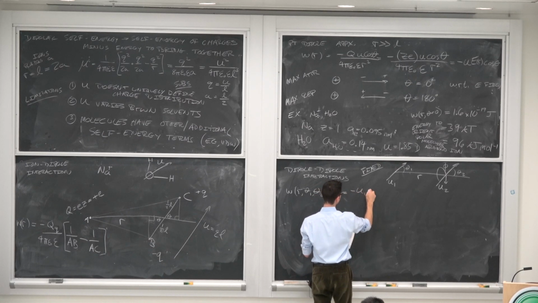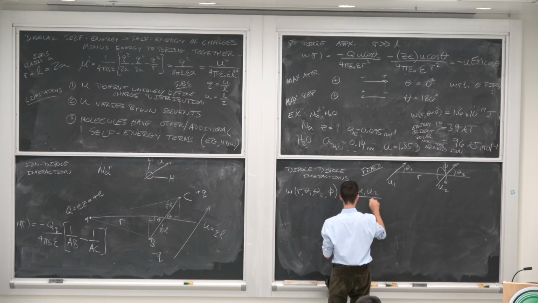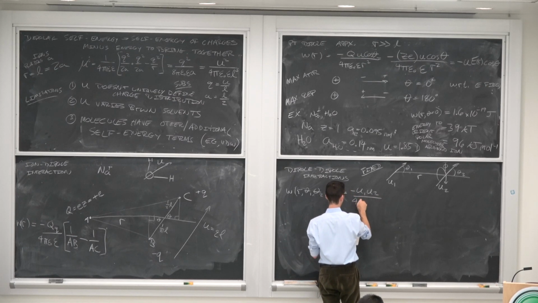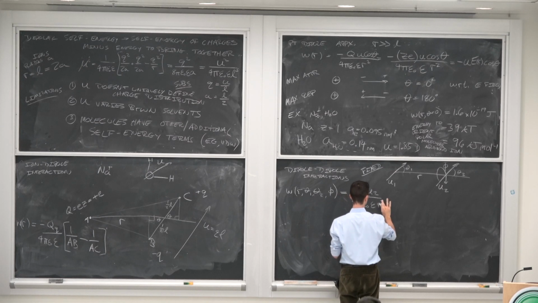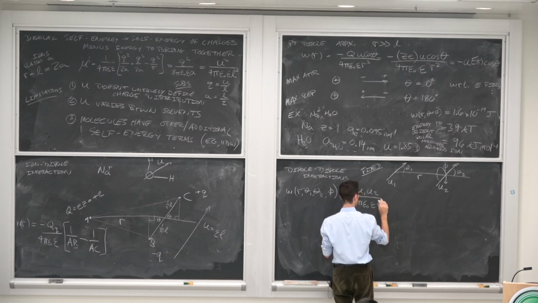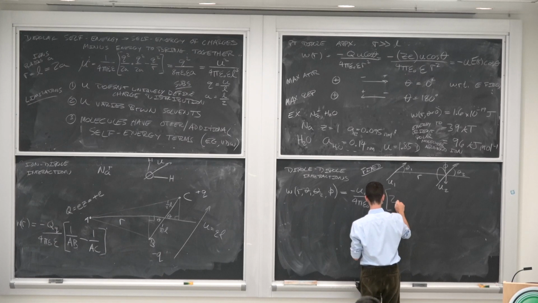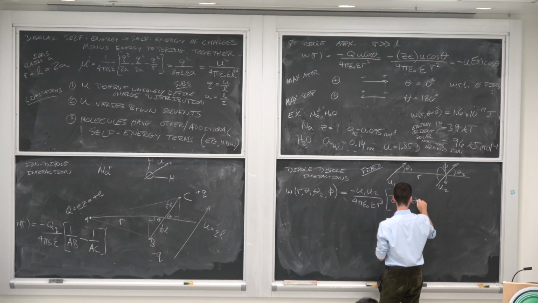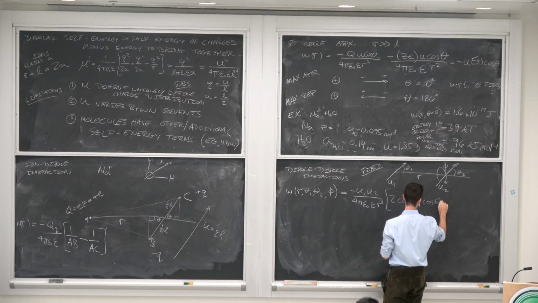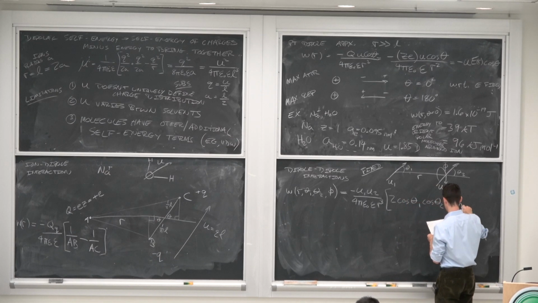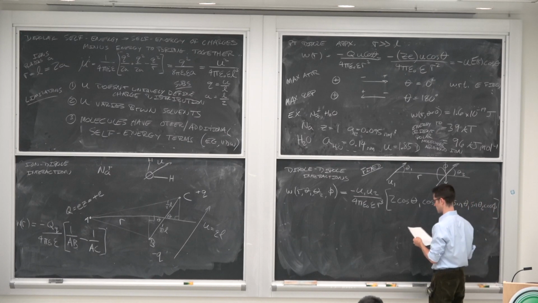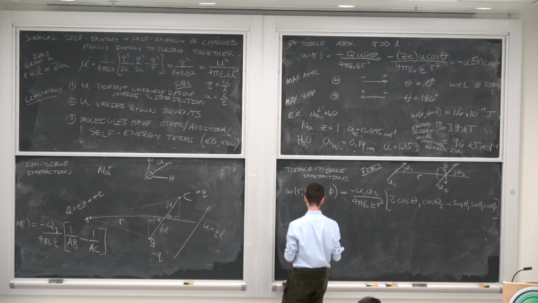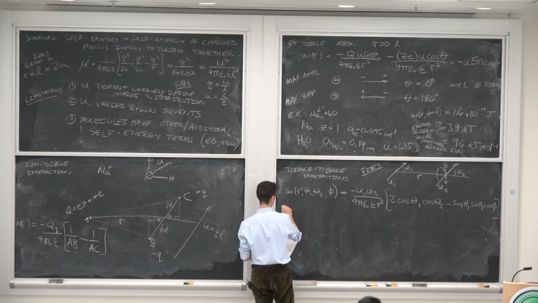We won't do the tedious derivation, but it's minus u1 times u2 over 4 pi epsilon naught epsilon times r cubed times 2 times cosine theta 1 cosine theta 2 minus sine theta 1 sine theta 2 cosine phi. And we can simplify this if dipoles are in line.